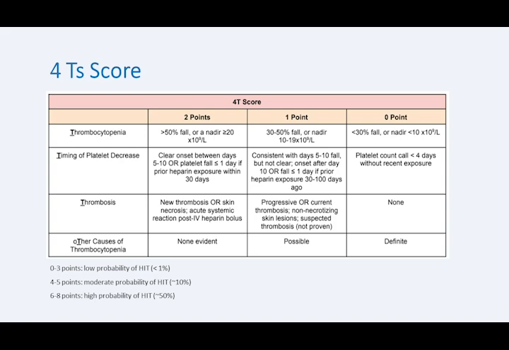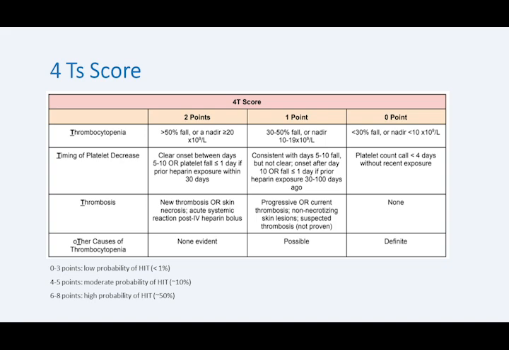As you can see over here in the very left-hand column, the 4Ts is kind of silly, but it stands for thrombocytopenia, timing of platelet decrease, thrombosis, and the last T is other causes of thrombocytopenia. For each category, we will give points from 0 to 2 based off of the degree of severity.